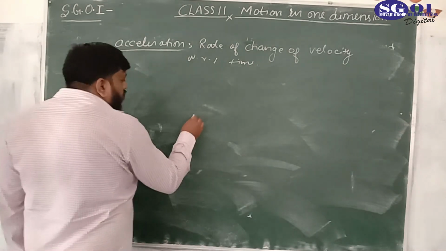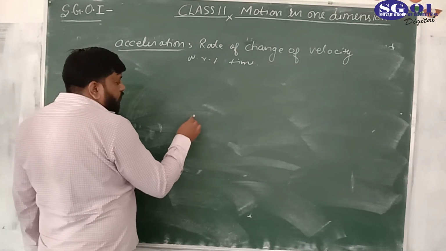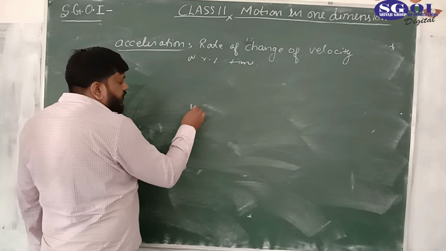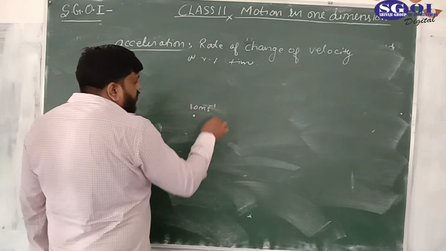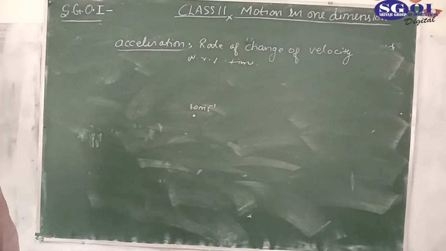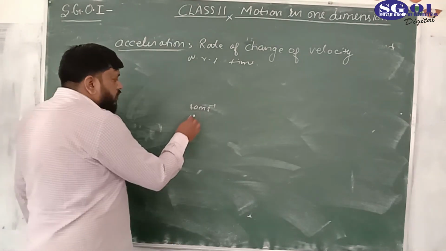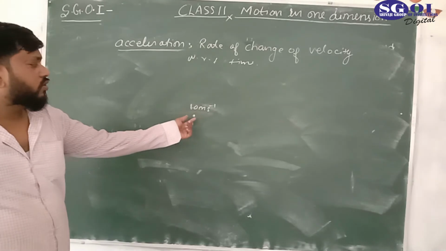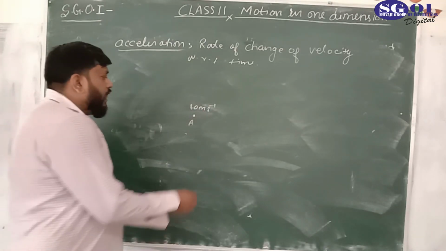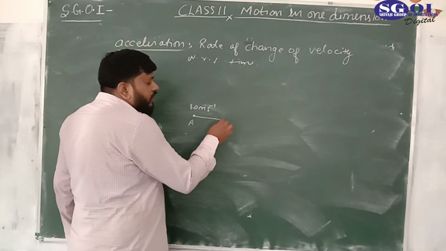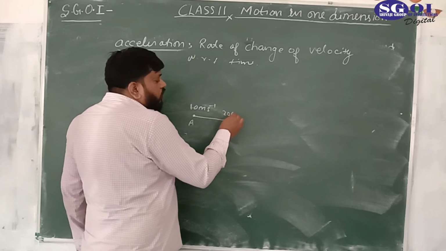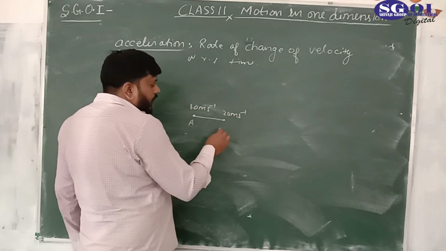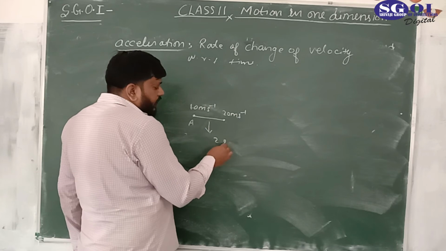Suppose the object is moving with velocity 10 meter second inverse. At a particular position, we observe that the velocity of the object is 10 meter per second inverse. After some time interval, its velocity would be 20 meter second inverse and the time taken is 2 seconds.